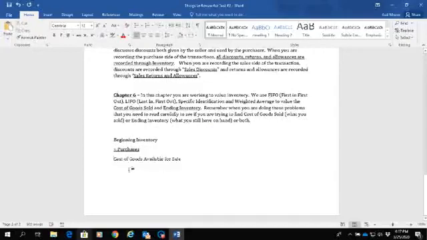Now, your cost of goods available for sale, minus ending inventory, that means what you still have on hand. Okay, cost of goods minus ending inventory, that's what those parentheses mean, is minus, equals cost of goods sold, right?